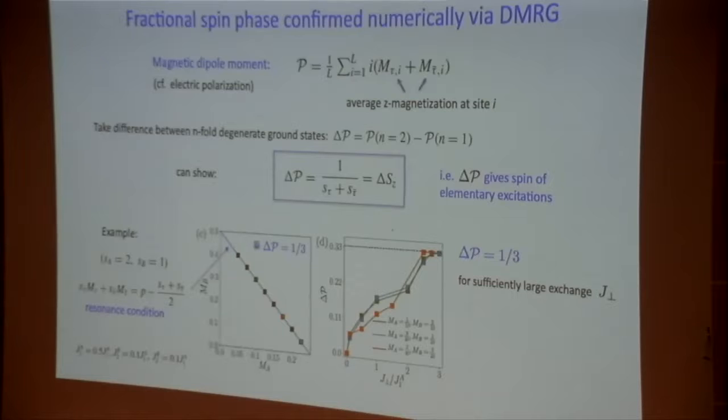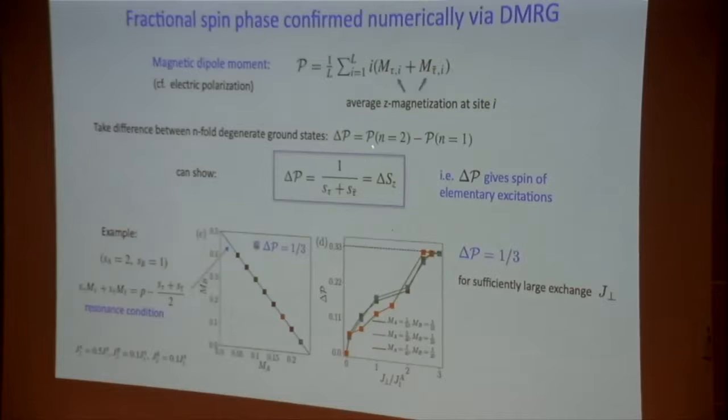And this quantity allows us to identify the ground state, or the magnetic dipole moment gives differences of the ground state. The ground state, as soon as we have such excitations, is actually n-fold degenerate, and here's an example between two different such ground states, which are equal in energy, but characterized by different quantum numbers.